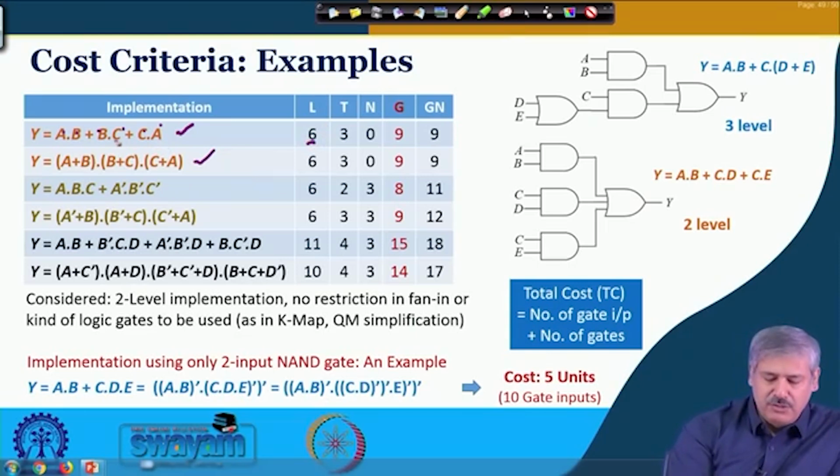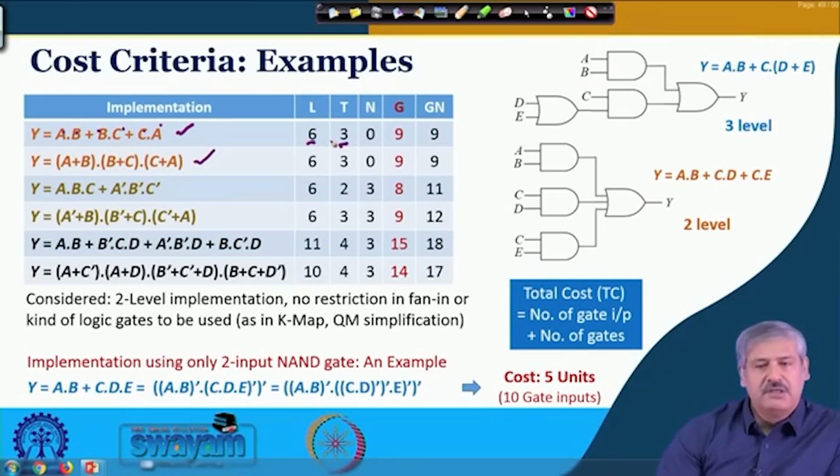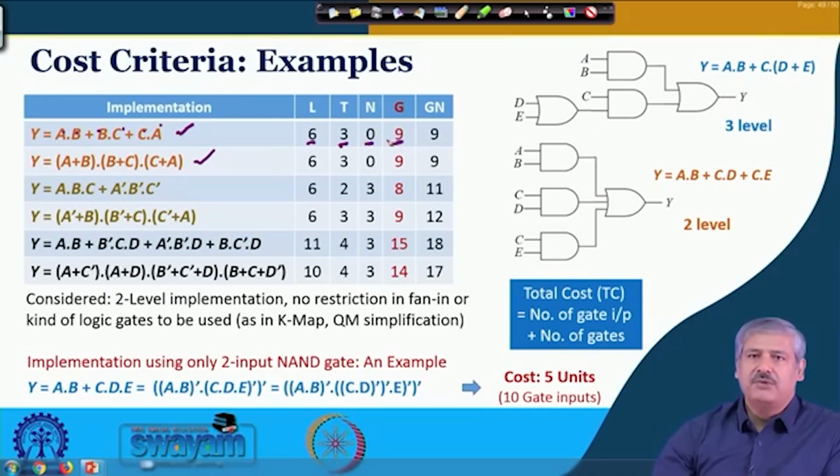Number of terms: 1, 2, 3, so 3, and there is no inversion involved, so n is 0. So, 6 plus 3, 9 is the gate input cost without NOT gate count, and with NOT gate count it is also 9 because no inverter is used.